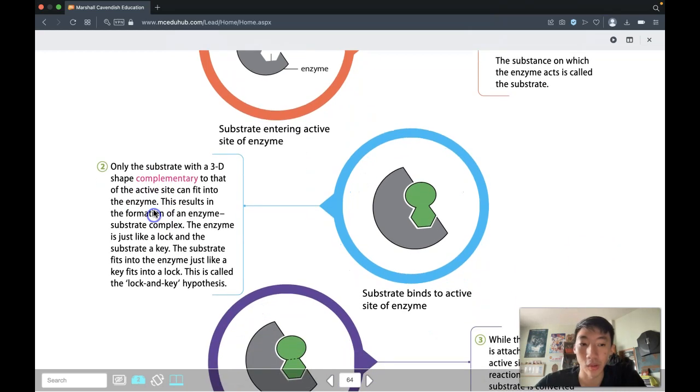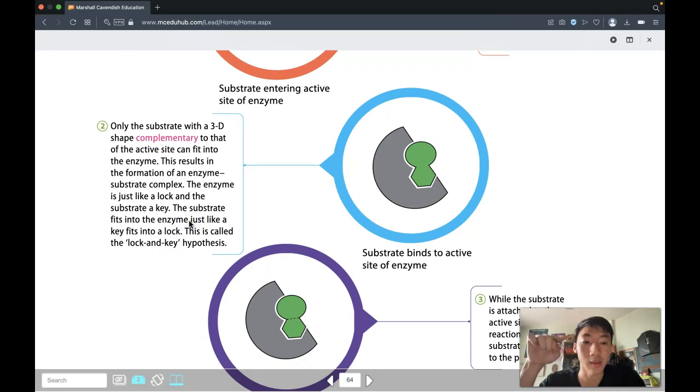Then I'll continue on to say ESC. ESC stands for enzyme substrate complex. So I'll say something like, when the starch fits into the active site of the amylase, an enzyme substrate complex is formed. That's the ESC. Then I end it off with something called SPU.